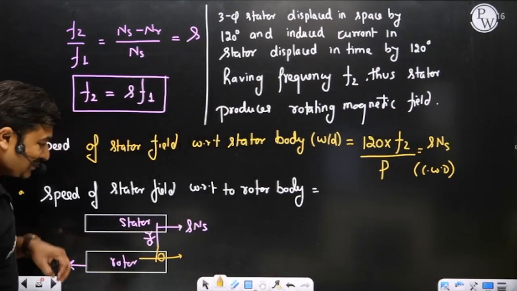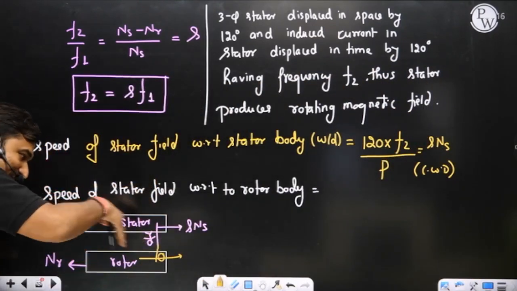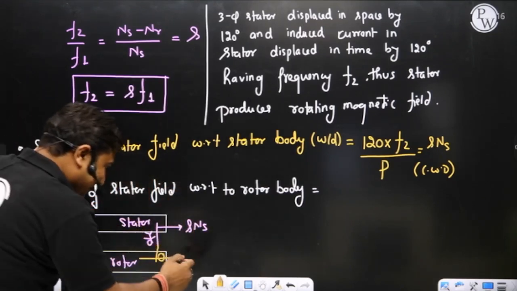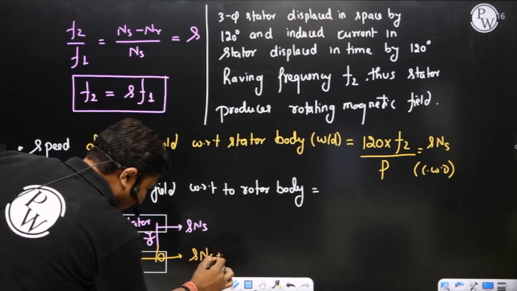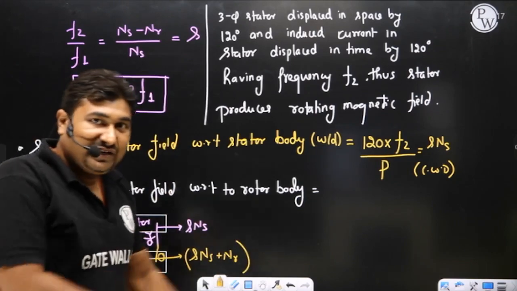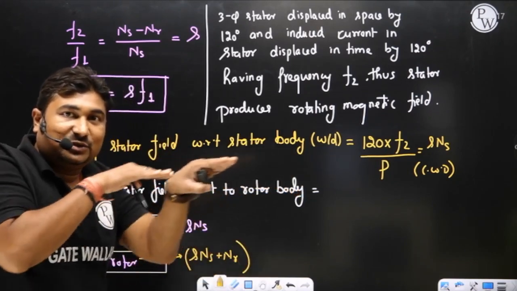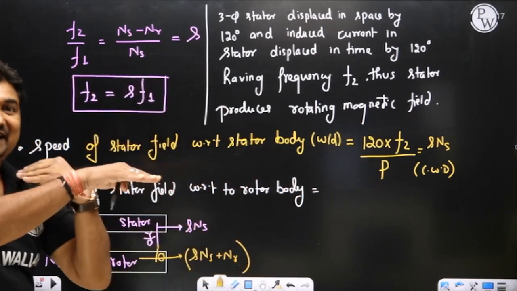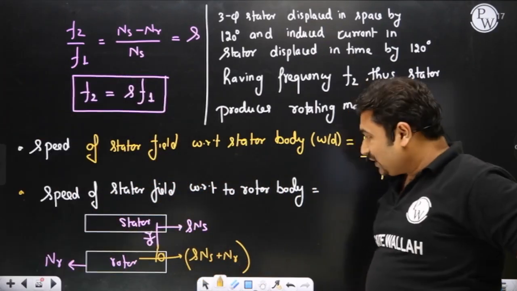Sir, the two speeds are going to be added. It means SNS plus NR. If we are going in the same direction, the two speeds are subtracted. If we are coming from opposite directions, the two speeds are added. Is it okay? So what is the speed, sir?